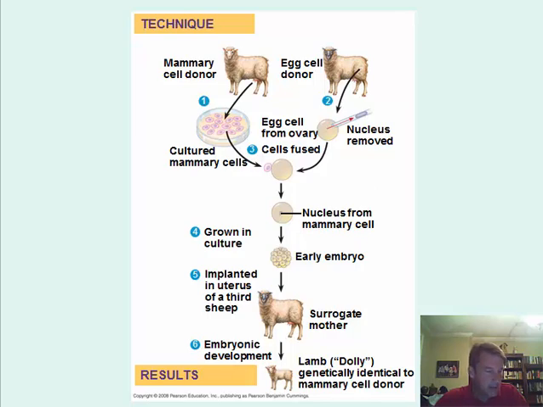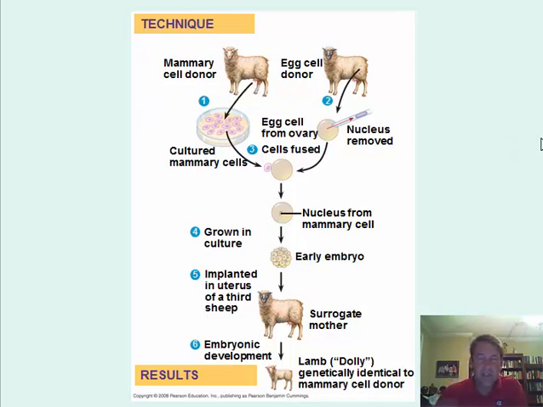One example we can look at is the idea of cloning and taking out all of the genes from one cell, and then implanting them in another cell. So this shows the technique of cloning that is done.